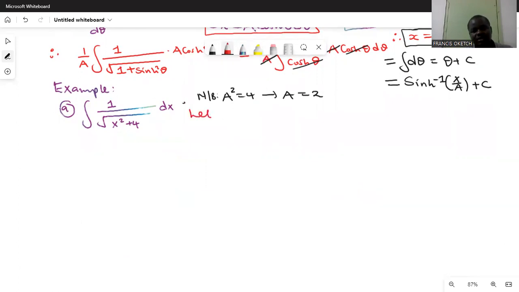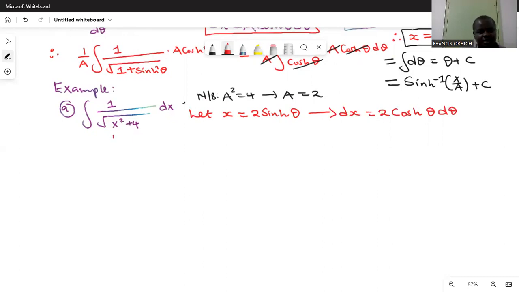We're going to say let x be equal to 2 sinh of theta. Why are we using 2? Because we said x is equal to a sinh of theta. So what about dx? Differentiate, you'll get dx being equal to 2. The derivative of sinh theta is cosh theta.